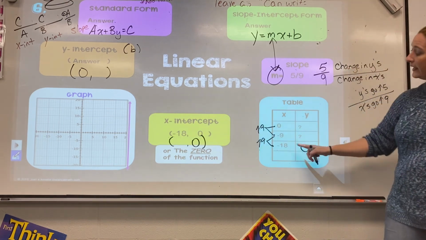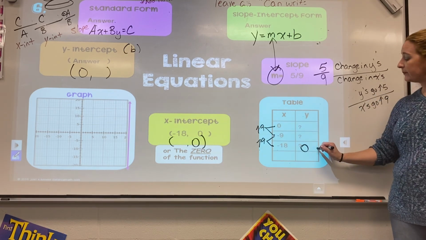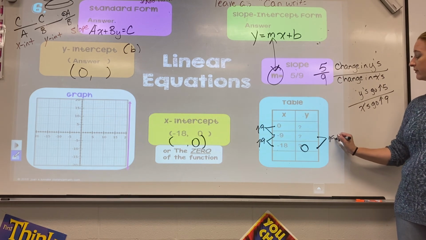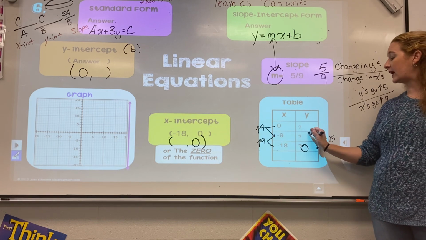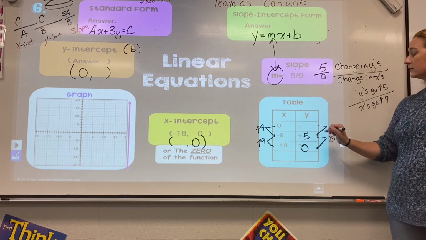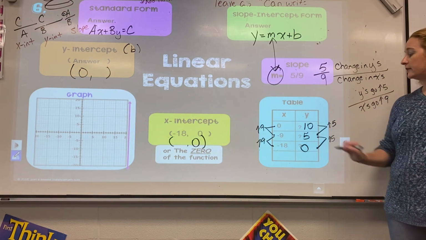So if my change over here in my x's is up 9, then that means I can use my slope and go up 5 here. So 0 up 5, so 0 plus 5 is 5. And so from 5, I can go up another 5, which gives me 10.